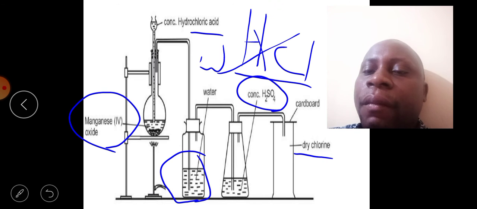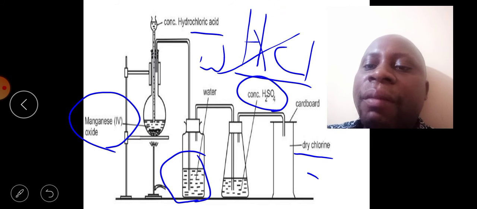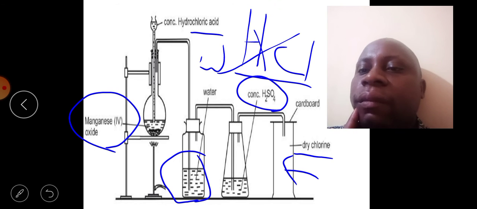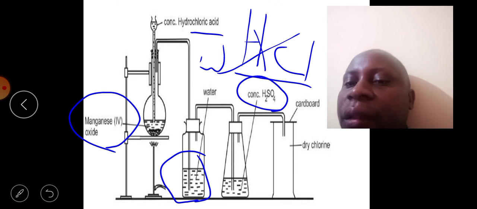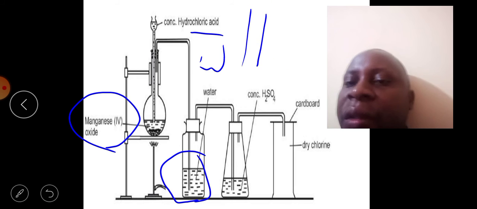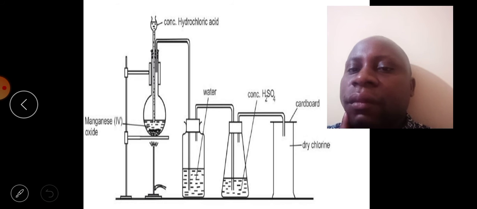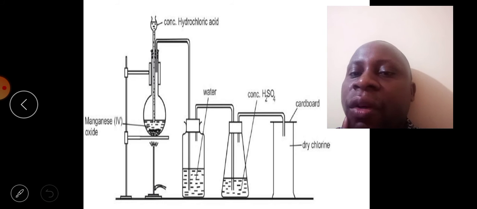Okay. So, what is the name of this method that we use to collect the gas? It is downward delivery, because the delivery tube is pointing downwards. What is the other name of the method? It is upward displacement of air.